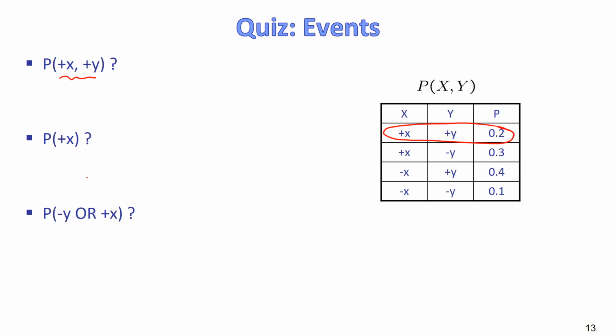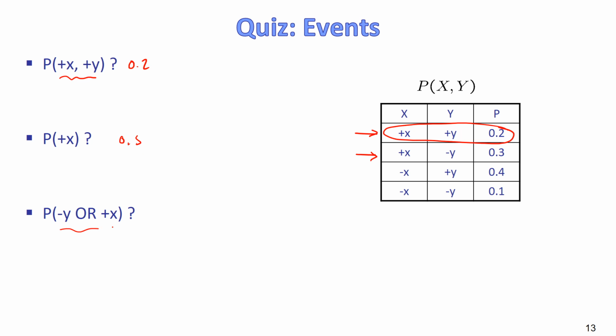How about plus x, Sam? Yes, first row and second row. So 0.2 plus 0.3, which is 0.5. So that one was 0.2, that one was 0.5.